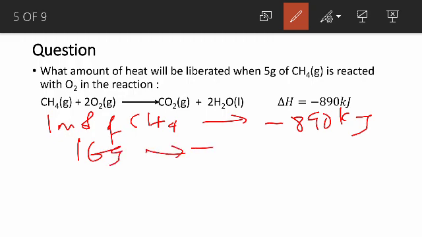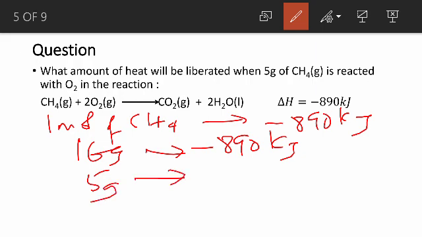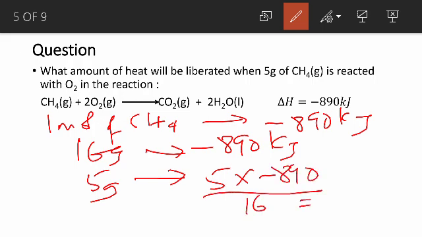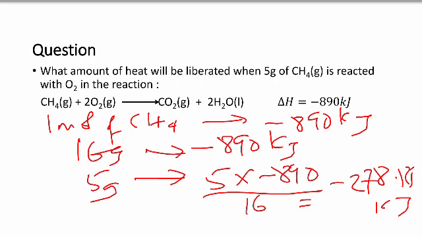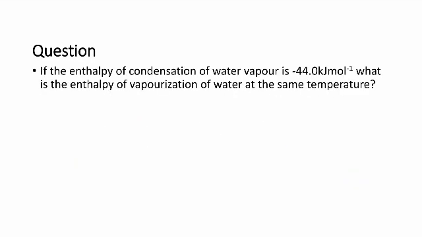Now we want to know how many kilojoules of heat will be liberated if we use 5 grams of CH4. By cross multiplication, we get 5 times minus 890 divided by 16, and that gives us minus 278.125 kilojoules.